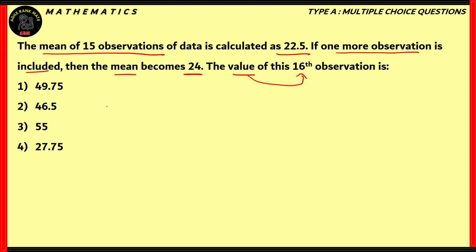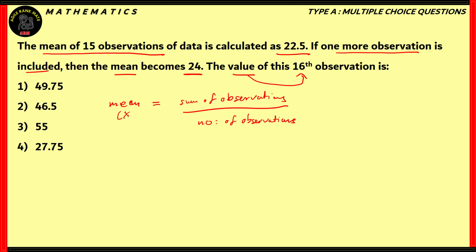Well, we know that it's best to recollect what mean or average means in statistics. So the arithmetic mean is basically the sum of observations over the number of observations.